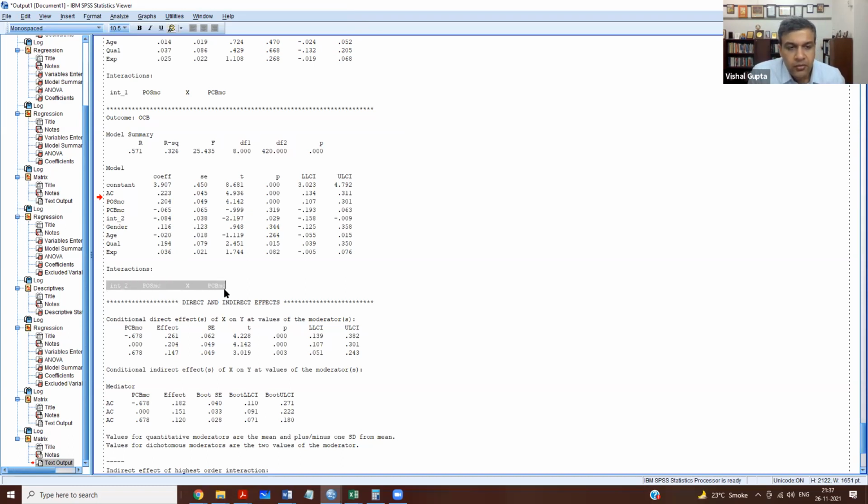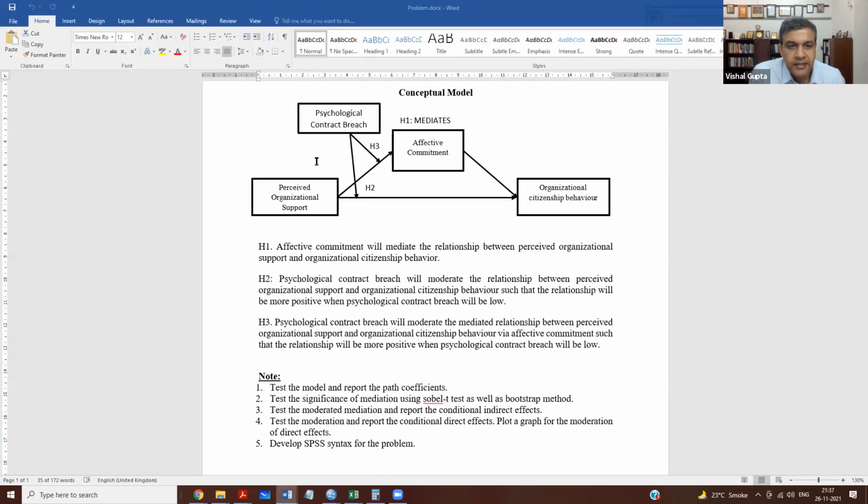What is the part of the model that is being tested in this? We are testing this part. So OCB is the outcome. So you have a path from affective commitment and you have a direct path coming from POS, and then you have the moderator PCB. So you will therefore have a path from PCB as well as the product POS and PCB.